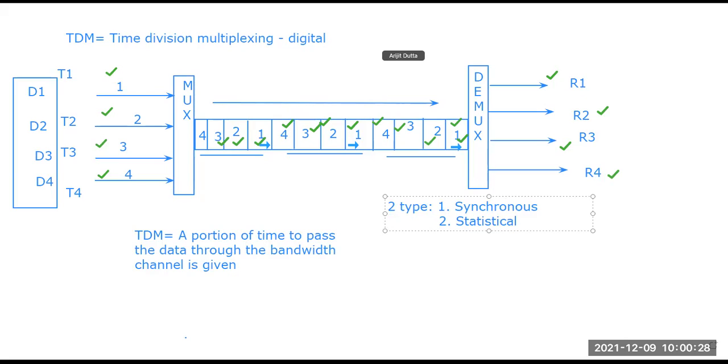In synchronous TDM, each input connection, here D1, D2, D3 and D4, has an allotment for the given time. Now consider that D1 is trying to send 1 bit of data.